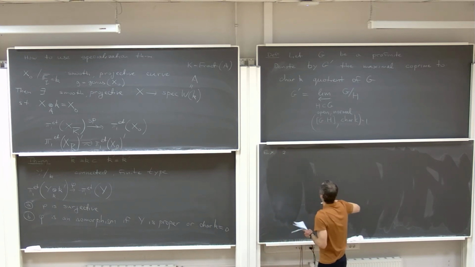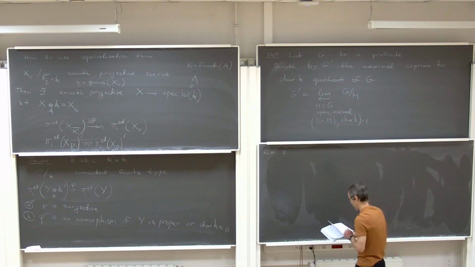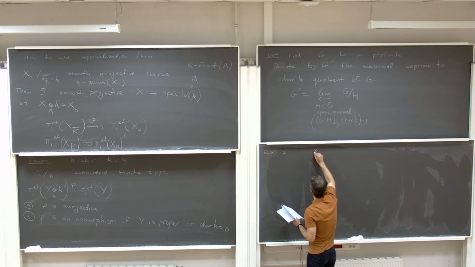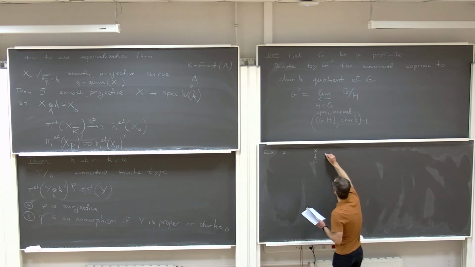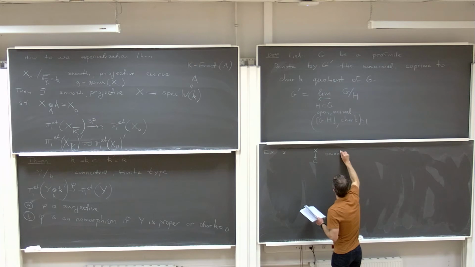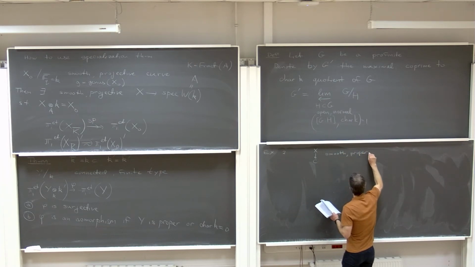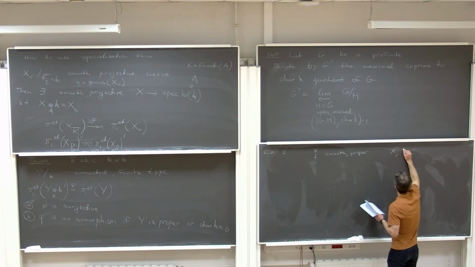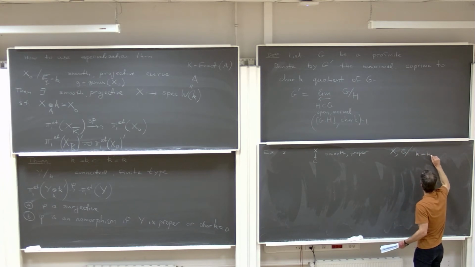Suppose I have X over C, a family, smooth, proper, and X and C are finite type over an algebraically closed field.